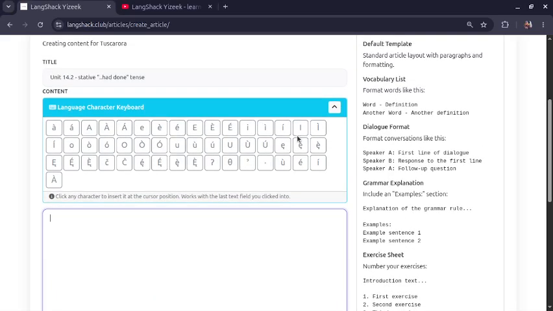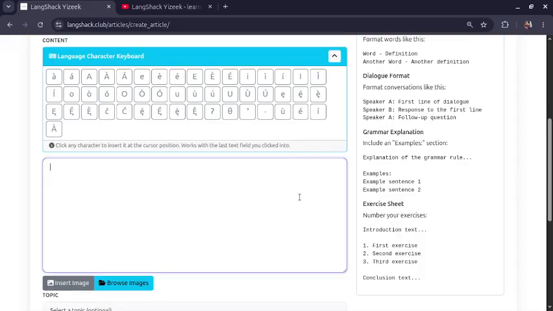Today we're going to be talking about the stative, or the had done tense, in Tuscarora. This is essentially your recent past tense, which is the stem plus the perfective or the stative ending, and that can mean something like he has done something.